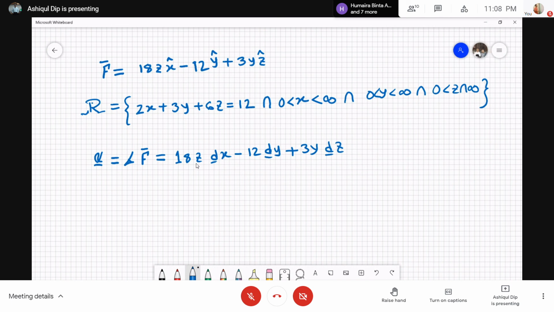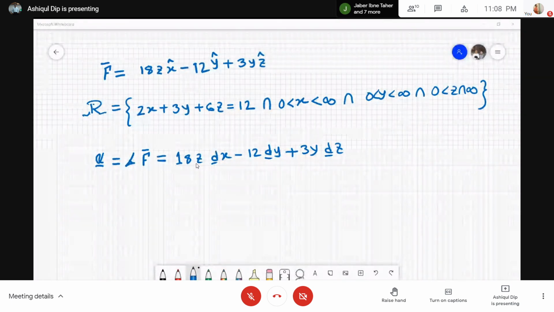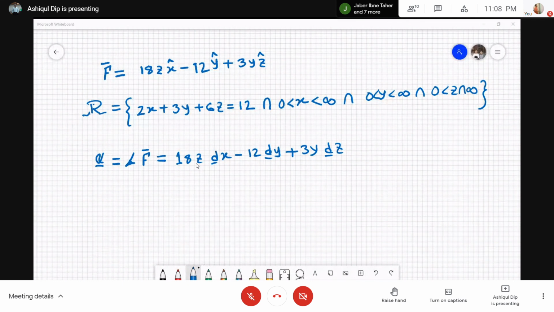Durjoy? Yes, it should be a line integral.